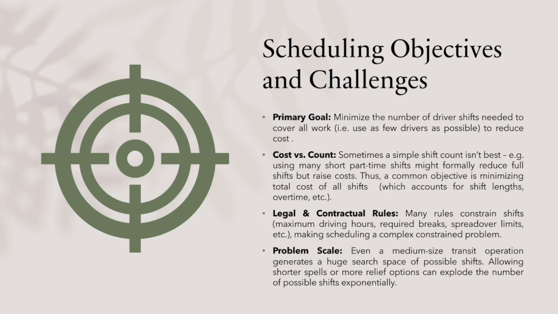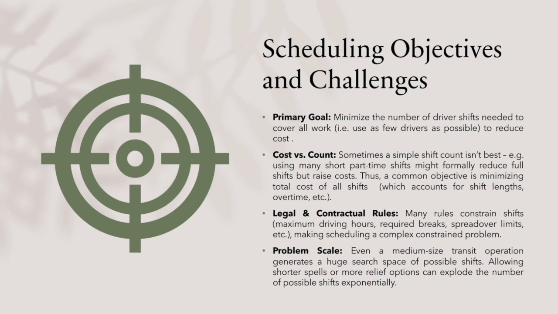Cost versus count: sometimes a simple shift count isn't best. Using many short part time shifts might formally reduce the shifts but raise cost. Thus, a common objective is minimizing the overall total cost of all shifts.